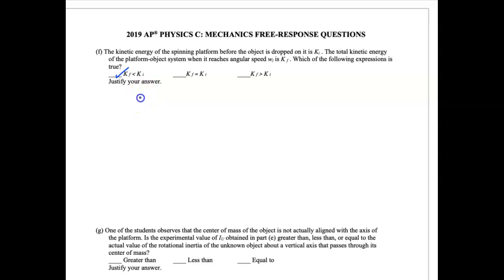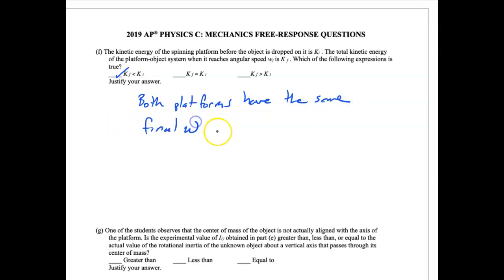Because both platforms have the same final angular speed. So therefore this is an inelastic collision.